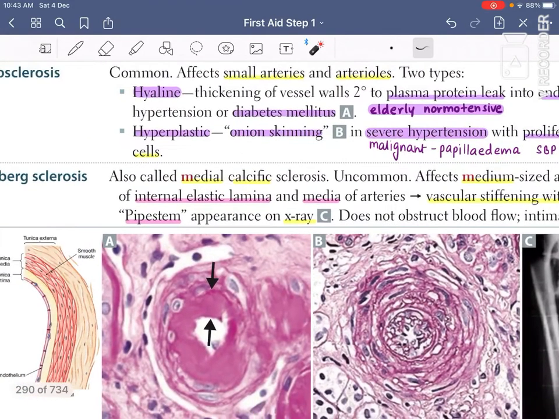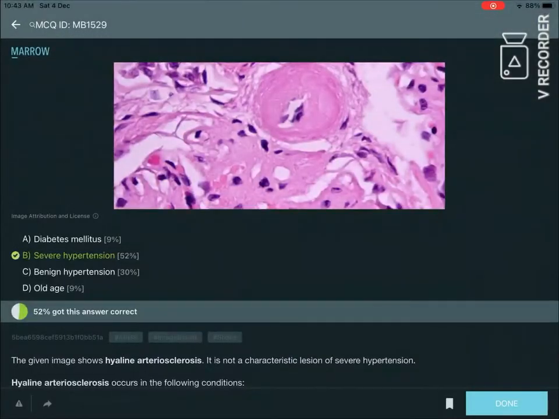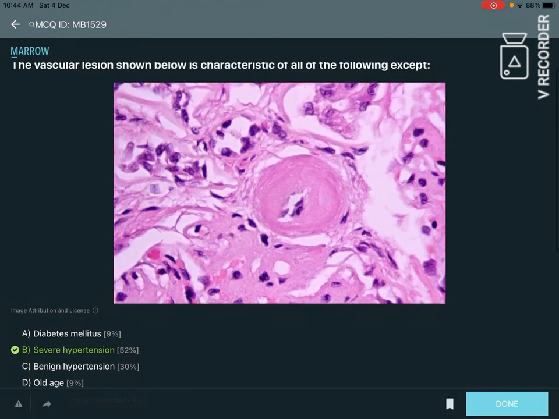But this is enough to answer this question, because they have only those options: diabetes mellitus, severe hypertension, benign hypertension, which is essential hypertension, and old age. And they're asking you the except question. You just have to remember that they have written except here.